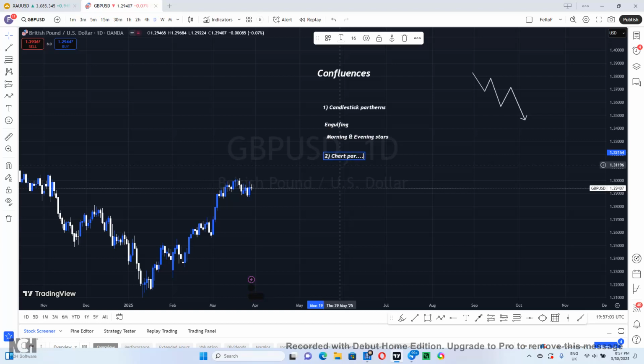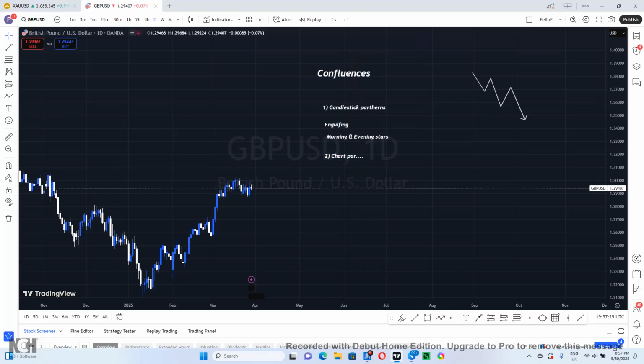Now that we have chart patterns, let me increase the size. On these chart patterns, I have just a few. I don't use so many patterns.